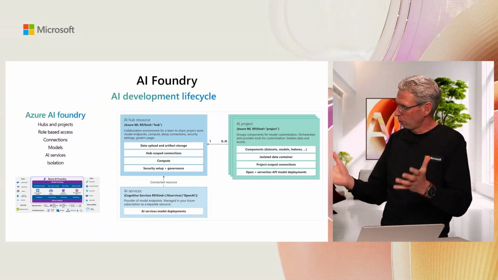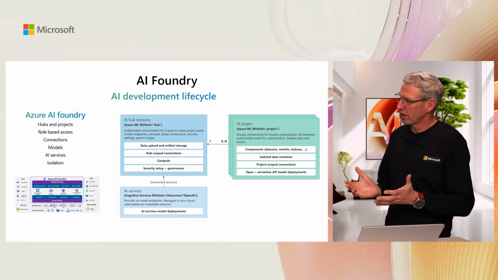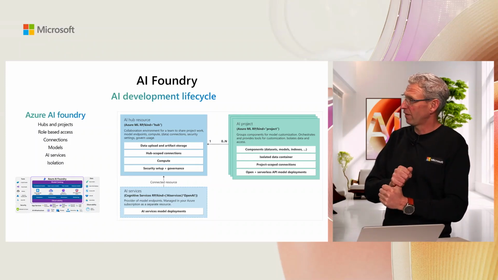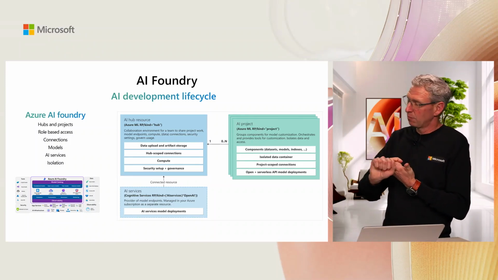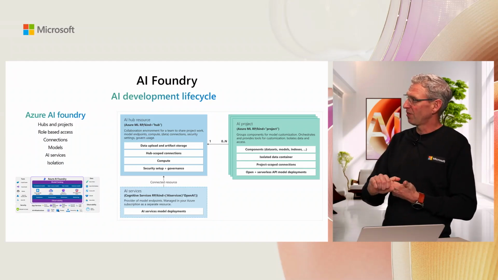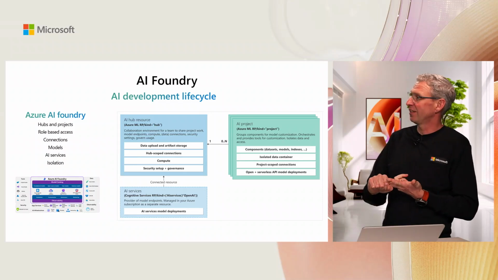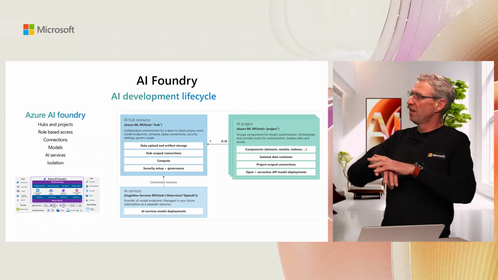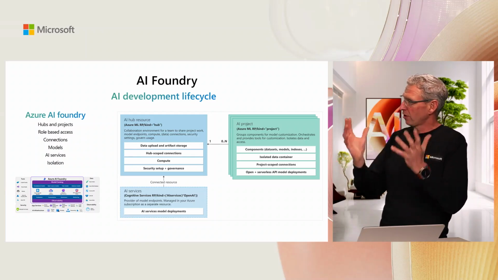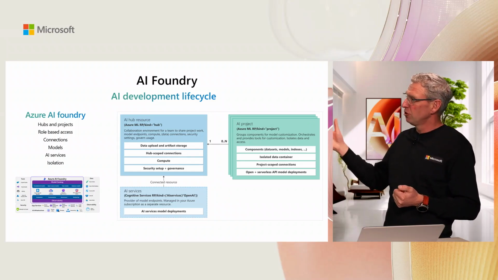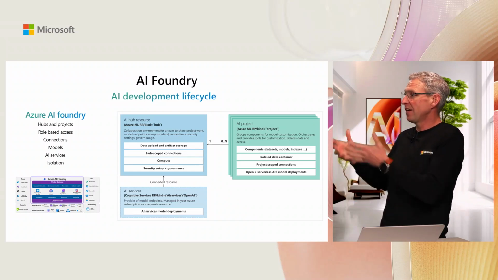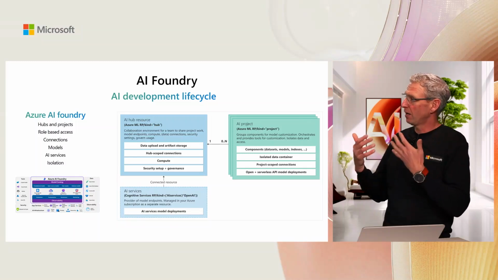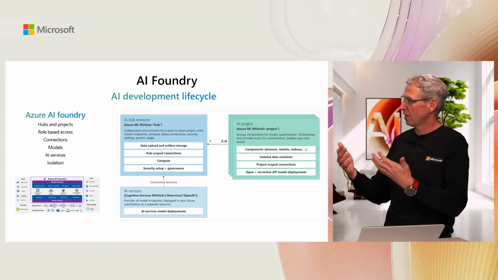That's a central resource, and in that hub you define all kinds of governance capabilities, like the data sources you would like to make available in your environment, the models you want to make available, the persons assigned to those environments, so role-based access controls, lifetimes, etc. Then you have projects underneath that you can hand out to an application team or a business unit to develop their own AI applications or infused applications.